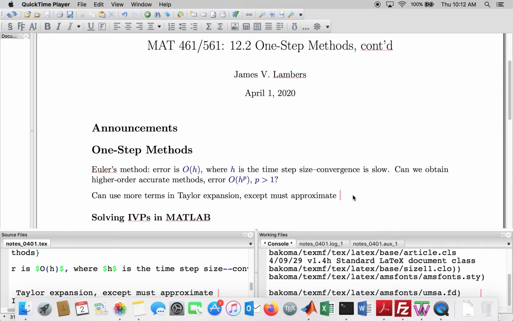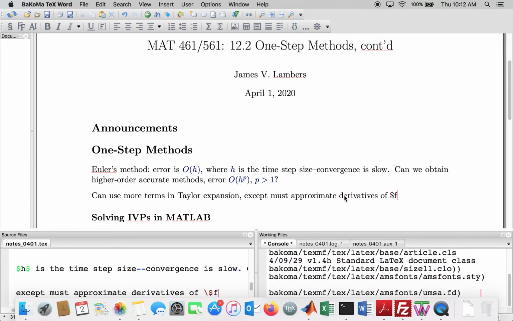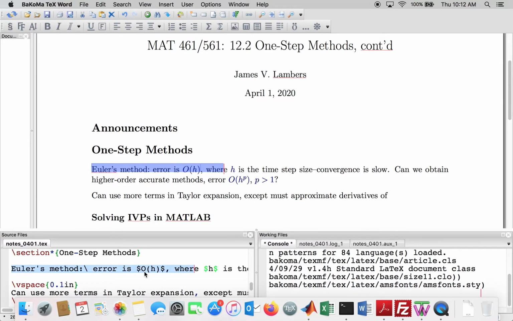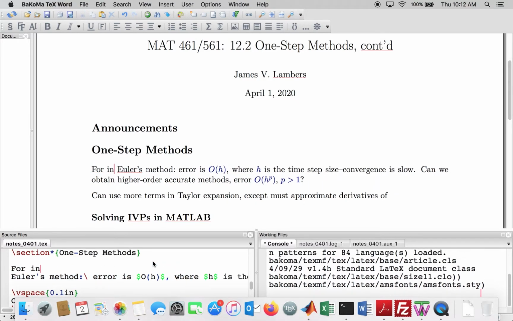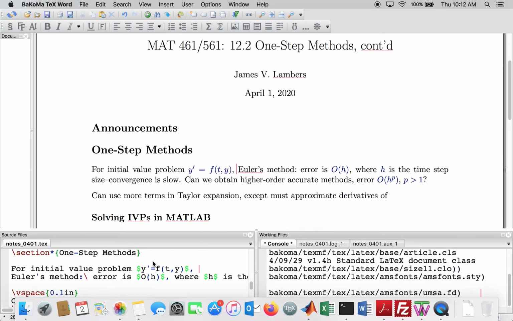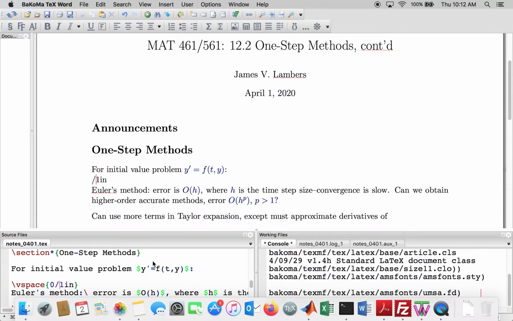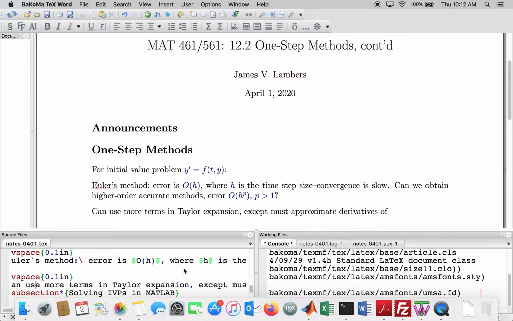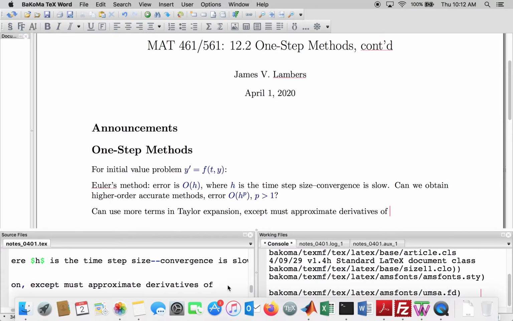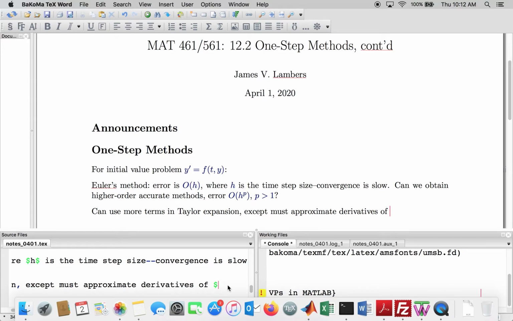To get higher order terms, we can just try matching more terms in a Taylor expansion of the exact solution, but for the general initial value problem, which I'll repeat for y' = f(t, y). So we have to approximate higher order derivatives, or just derivatives in general.